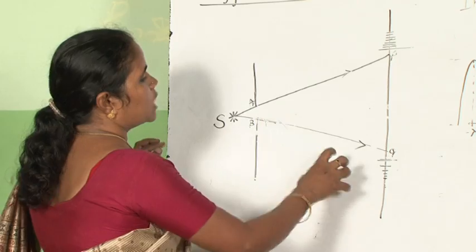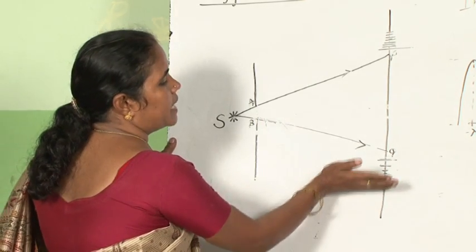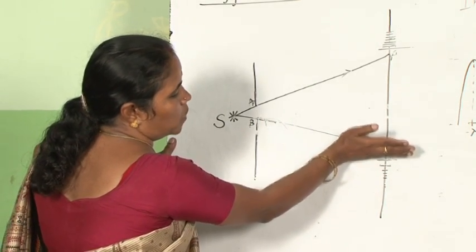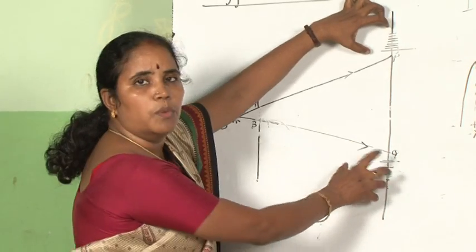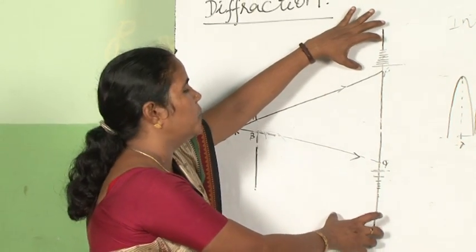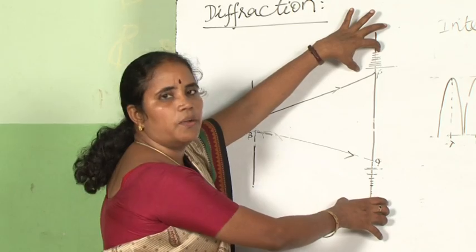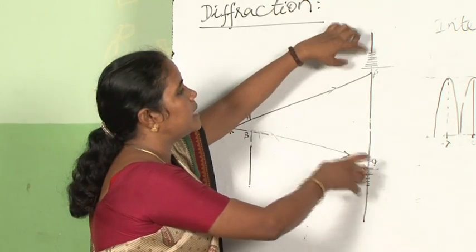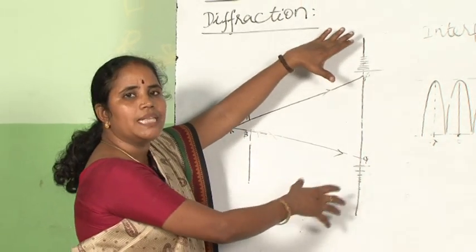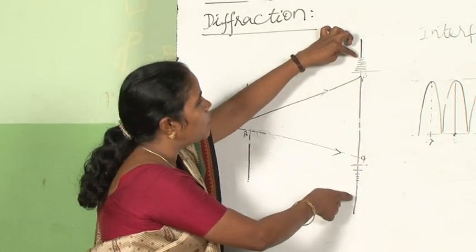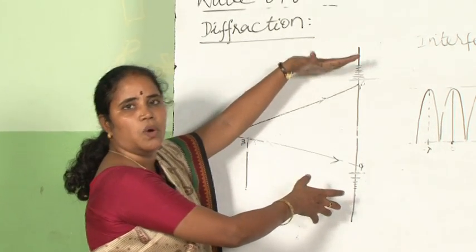Whereas actually we see some intensity which goes on decreasing on both sides of P and Q. This is due to the wave nature of light, that is the bending of light rays which enter the geometrically prohibited region also.